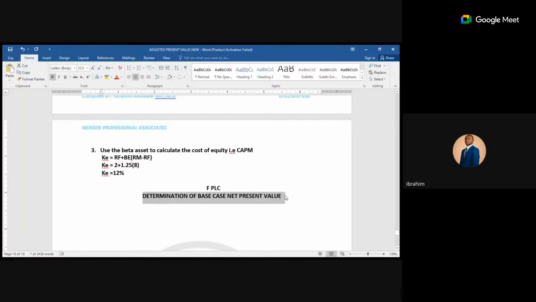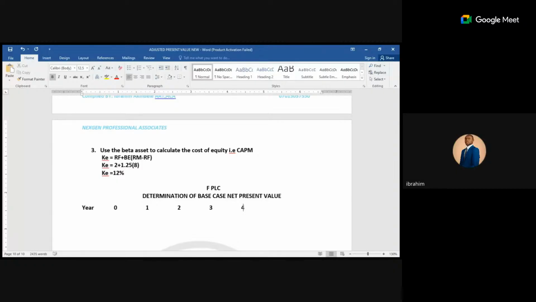The project is expected to last for how many years? What is the lifespan of these assets? The project? 4 years.